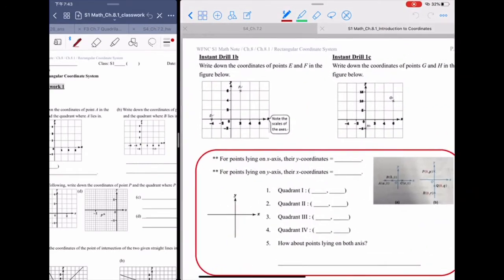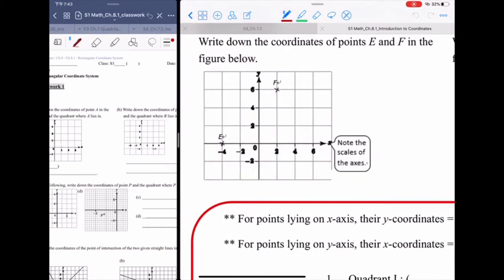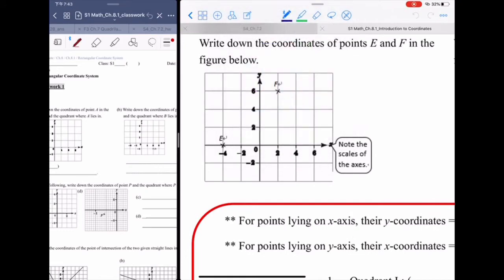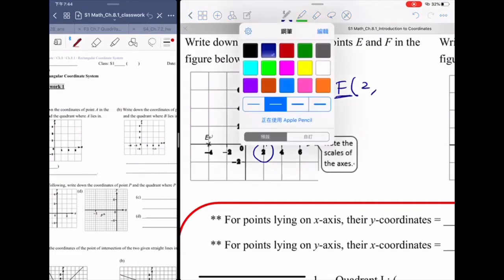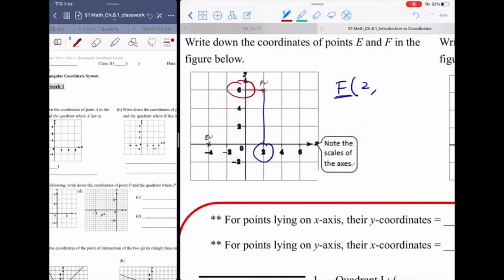Next page, you have 2 more. This is just usual. Here you're not given the label, so you need to write it yourself. F, bracket, capital letter, remember, capital letter, 2, and then column 6.